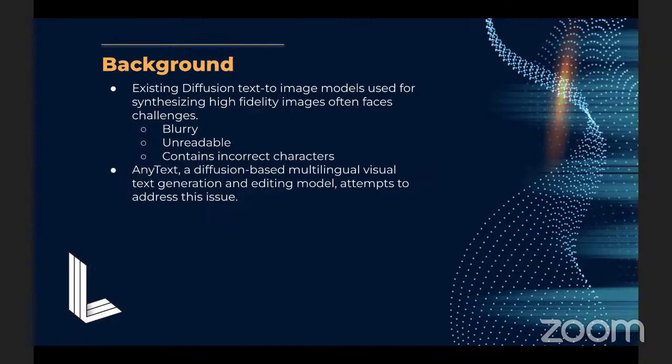Now, even though there are significant benefits to current diffusion-based models, like the legibility, generation, and accuracy of the things they are able to develop, there are still challenges, like the ability to solve for blurriness or legibility, or multilingual image and text generation, as well as text editing.